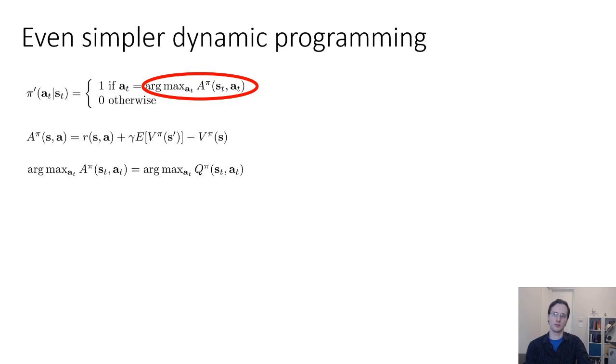Now, if you remove the minus V pi S, you just get the Q function. Since you're taking the argmax with respect to A, any term that doesn't depend on A actually doesn't influence the argmax. So the argmax of the advantage is actually equal to the argmax of the Q function. So we can equivalently write the new policy as the argmax of Q, which is a little simpler because we removed one of the terms.